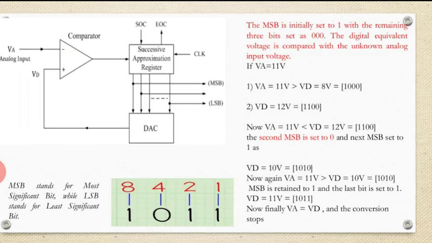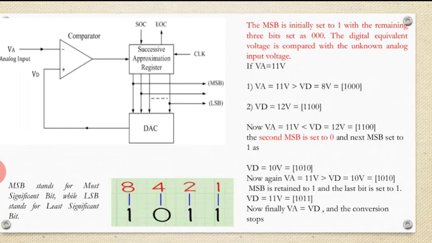Now the VA analog input, assume that it is 11 volt. The VA is given to the comparator, and the successive approximation register's code will be compared with 1000, because the MSB is initially put as 1. Now 1000 is equivalent to 8 volt.